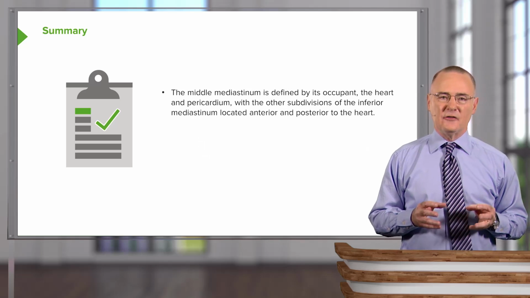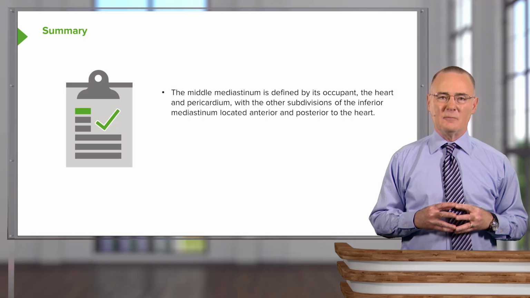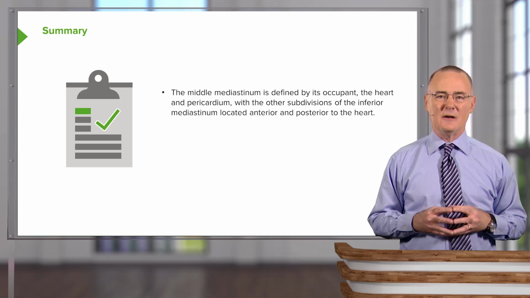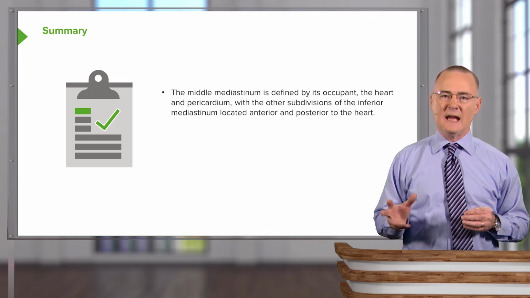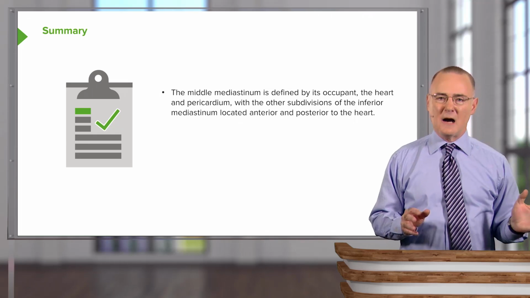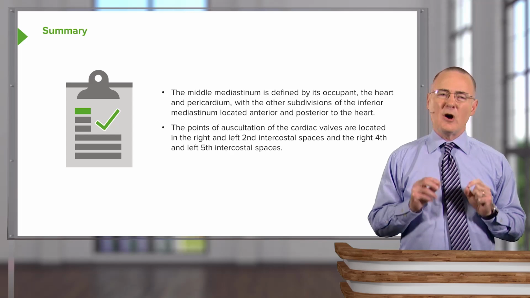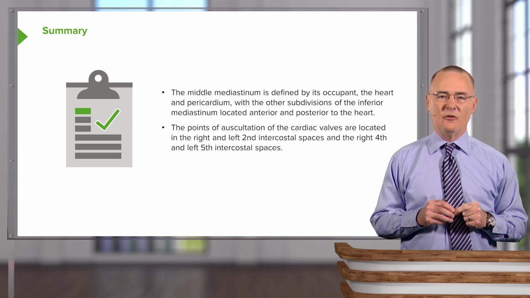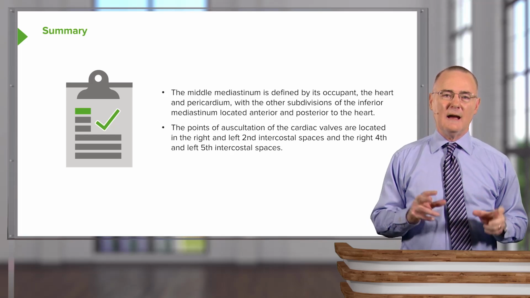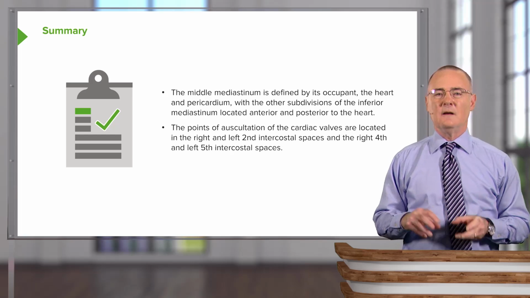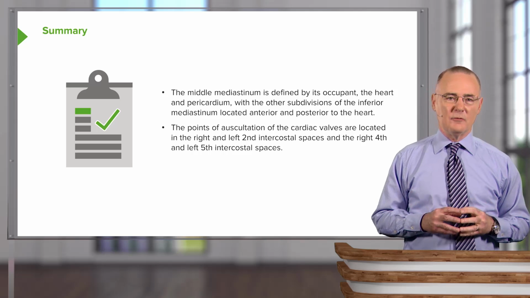The middle mediastinum is best defined by its major occupant, the heart and pericardium, with the other subdivisions of the inferior mediastinum located anterior to the heart and posterior to the heart. The points of auscultation of the cardiac valves are located in the right and left second intercostal spaces and the right fourth and left fifth intercostal spaces.